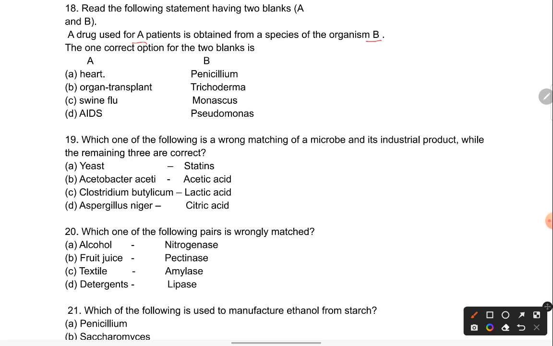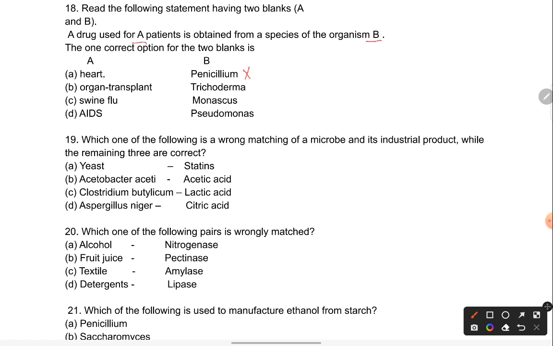A: heart, penicillium; organ transplant, trichoderma; swine flu, monascus; AIDS, pseudomonas. Heart, penicillium. Penicillium is an antibiotic, and this antibiotic is not used for heart problems. So this answer is wrong.